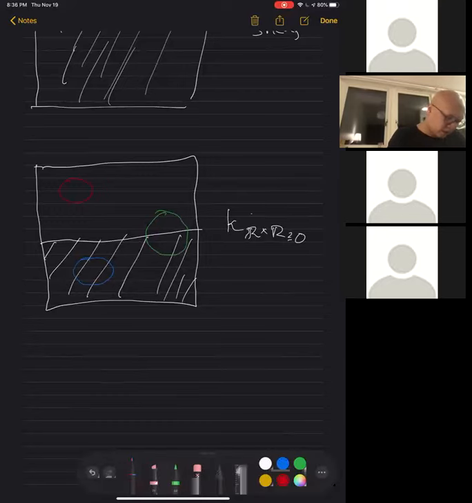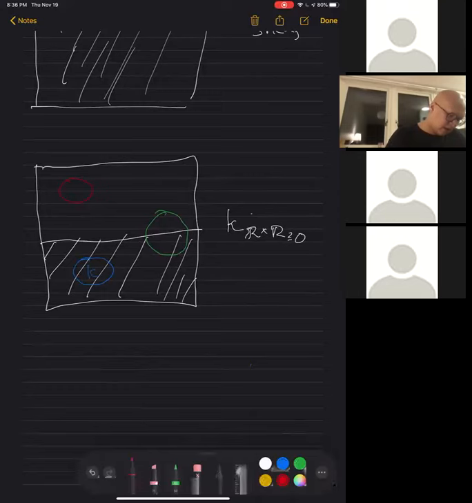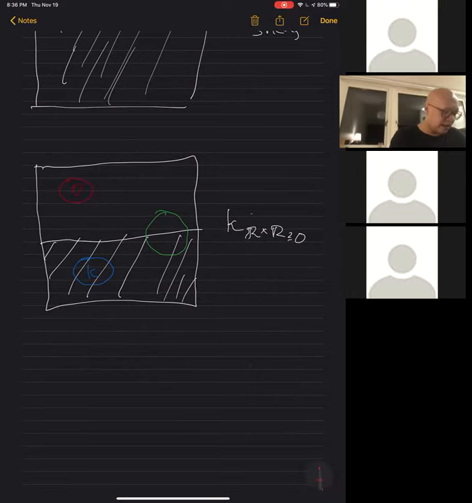On 2 of them, you don't have to think very much at all. On this blue one, that's in the place where the sheaf is non-zero. So of course, here it takes the value K. And on this red one, it takes the value 0. Now you have to think carefully about what value it takes on this green one.